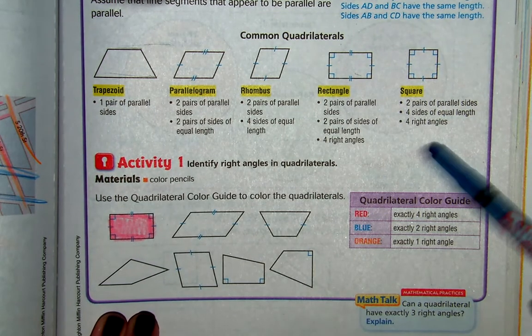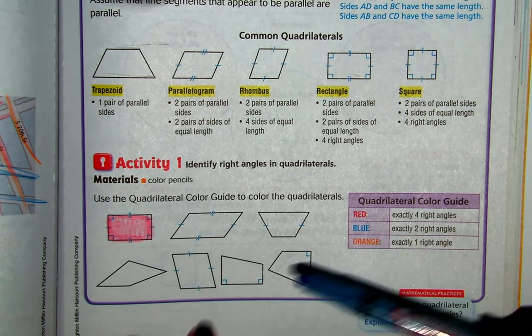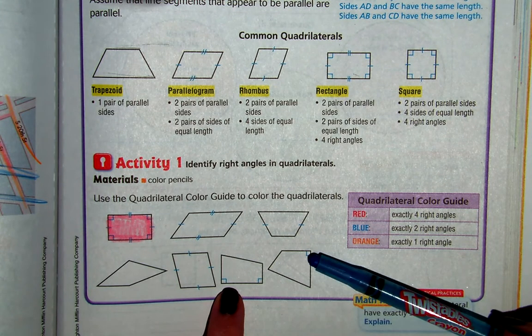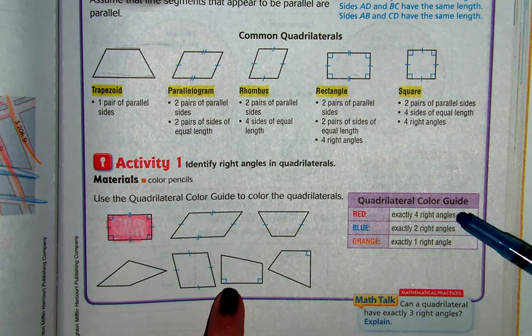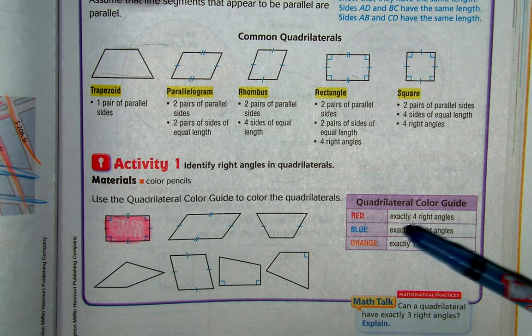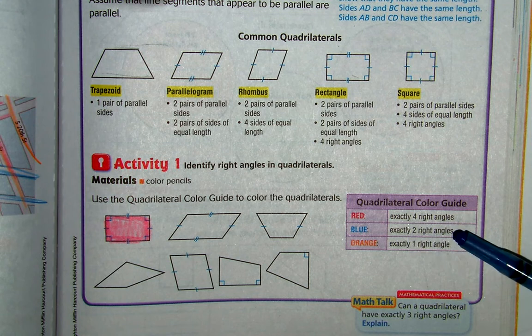And I don't see any other ones. This quadrilateral has two right angles, and this one has one, but none of them have exactly four. So we're going to pick up our blue crayon or colored pencil, and we're going to color the shapes that have exactly two right angles blue. And there's only one shape that has that.